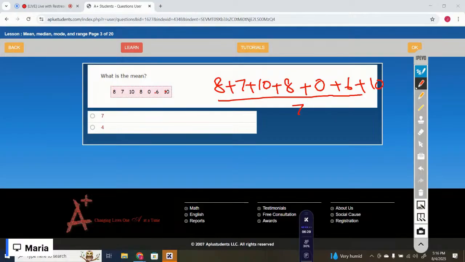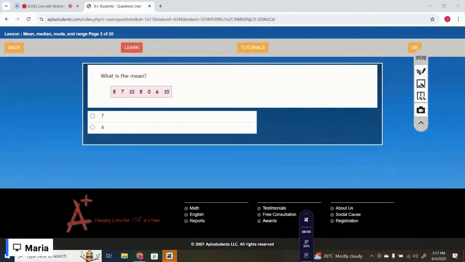So the sum is 49. So 49 divided by 7 is 7. Option number 1 is the correct option. 7 it is.